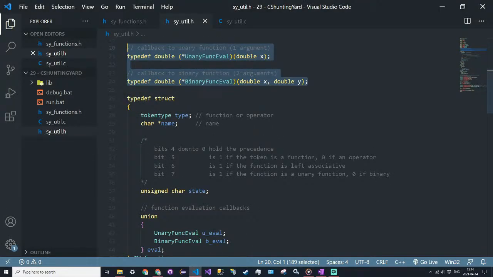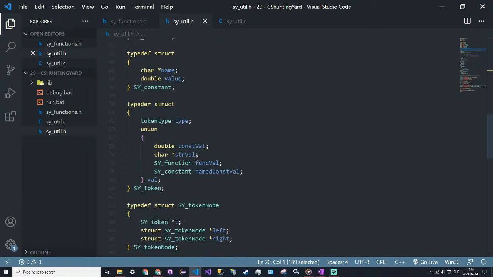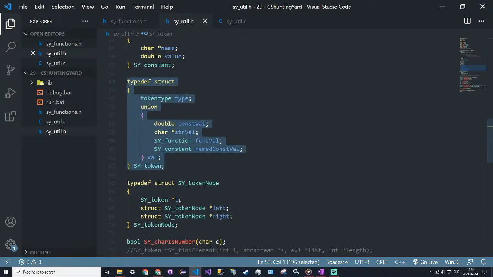All right, next we have a few structures. I will start with the token structure, which is this one here. So we simply store a type and then a union. This is kind of similar to the JSON stuff, where we have a type to specify which value in the union we are currently using. So we have a double for a constant value, a character for a string value.